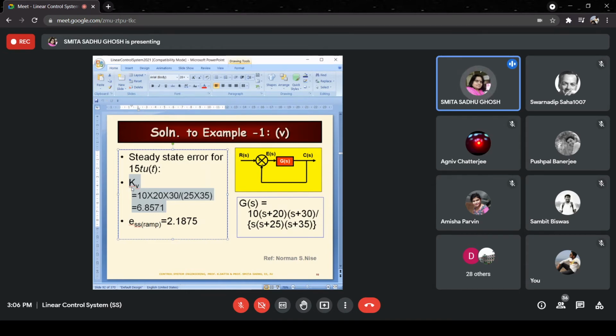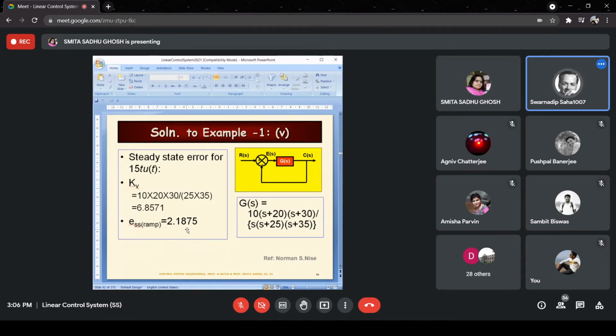So here, the steady state error due to a ramp, that is ESS for a ramp, is going to be 15 by the Kv value. You can verify whether it's matching. It should. Tell me whether you can verify that. Yes, ma'am. Okay, so that is how it is done.